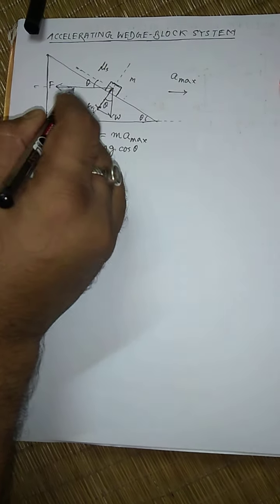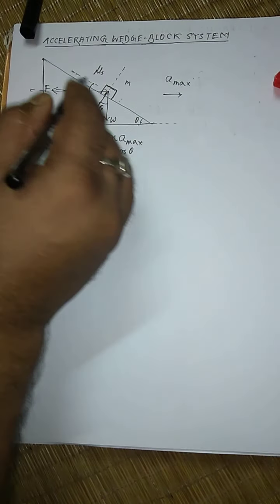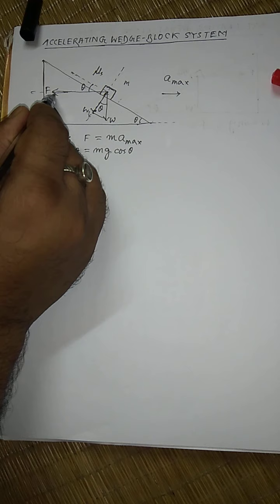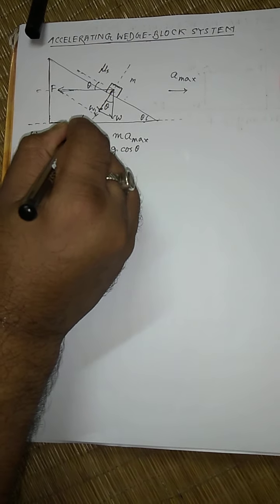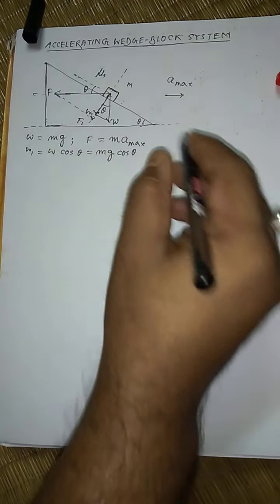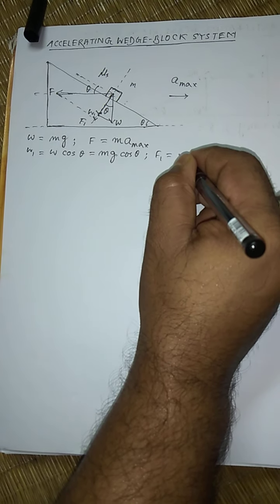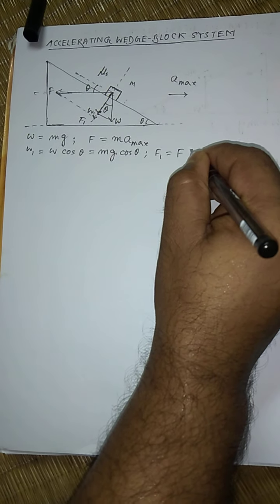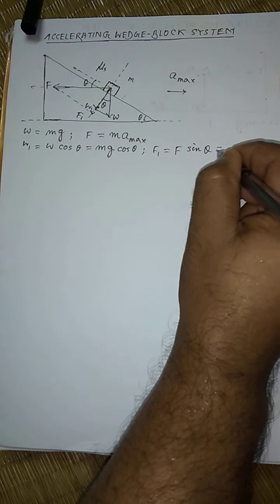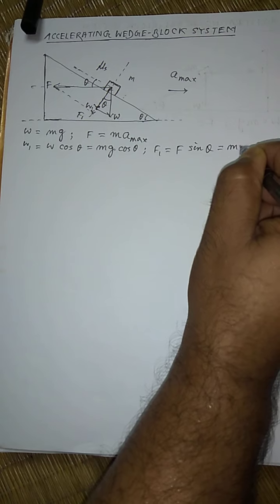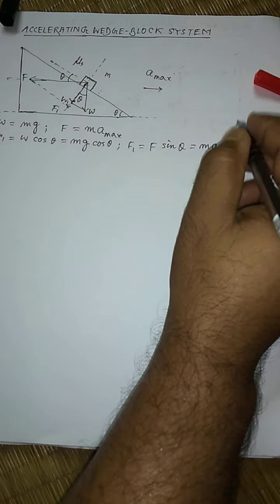The magnitude of the component of the pseudo force in the direction of the normal to the inclined surface is given by F1, and F1 is equal to F sine theta, which is equal to m A max sine theta.